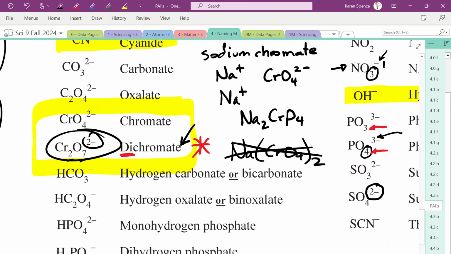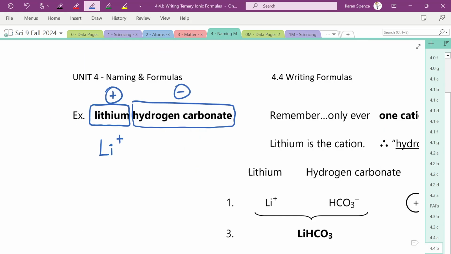Hydrogen carbonate, look under H. It's HCO3 minus. The charges are balanced. We're good to go. No brackets because there's only 1.